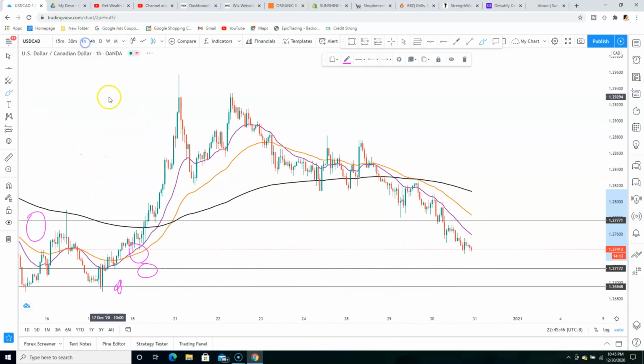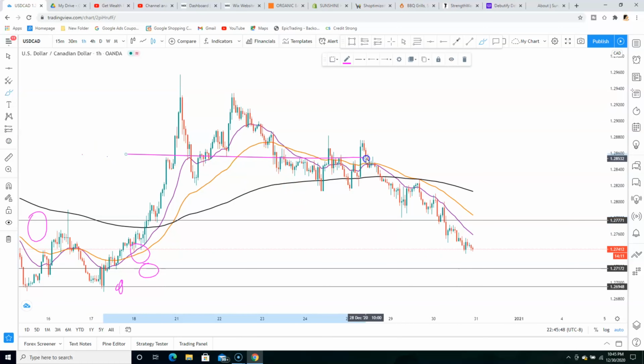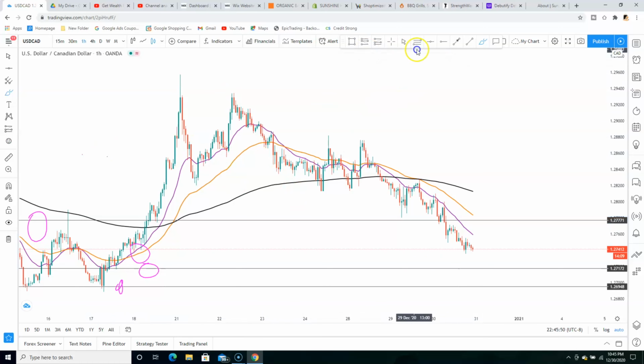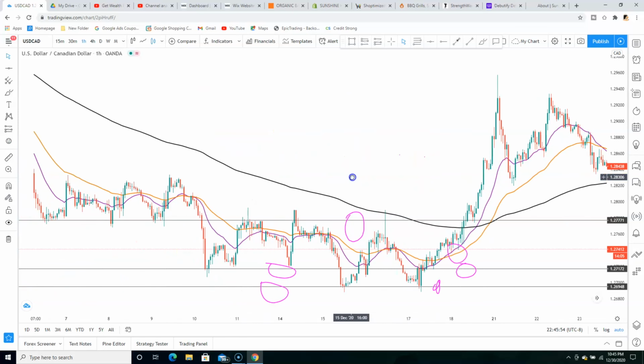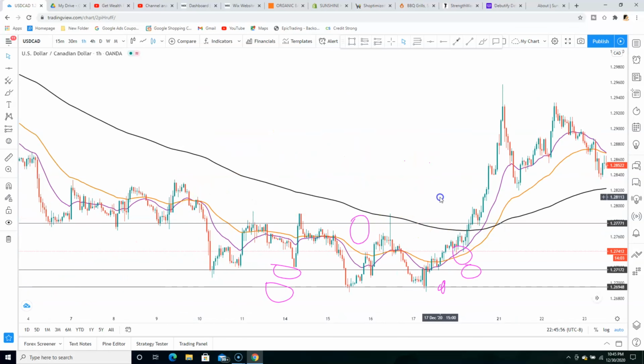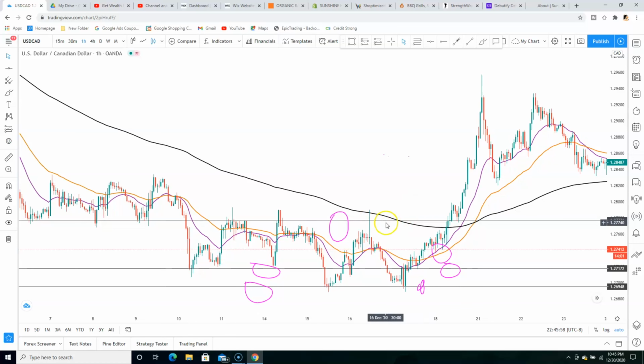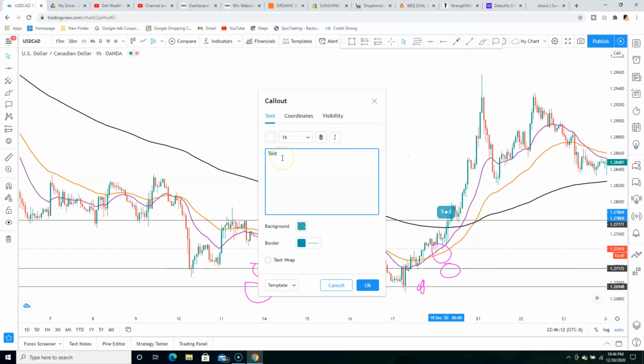And if we go back to the 1-hour time frame, we can clearly see that right here you can get in when price closed above your resistance again. So you would have got in right here.